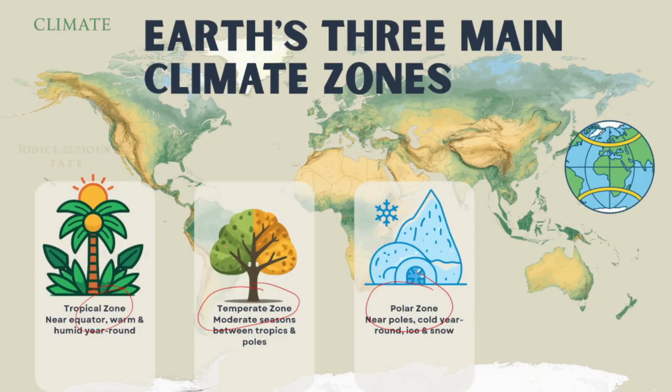If you see, this is the equator, and this area is called the tropical zone. This area is called the temperate zone, and the area near the North Pole and the South Pole is called the polar zone.